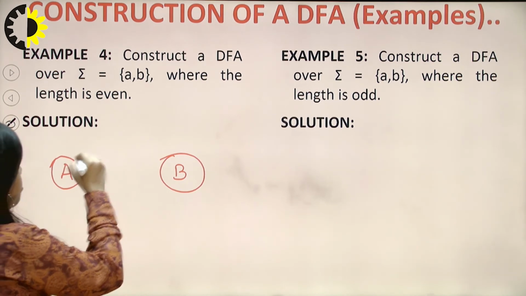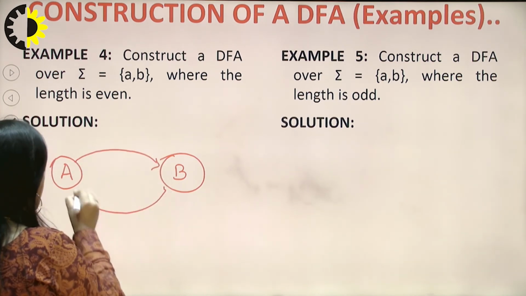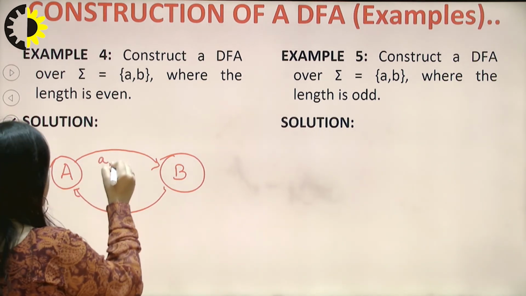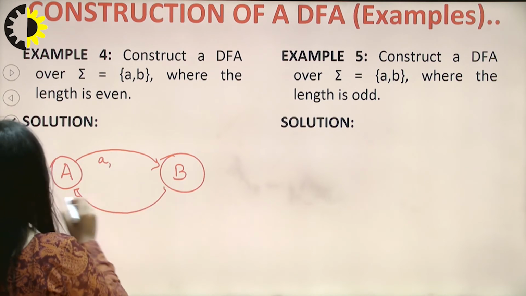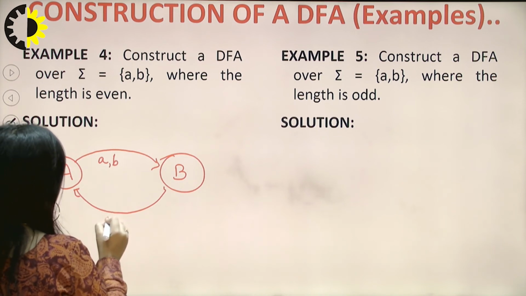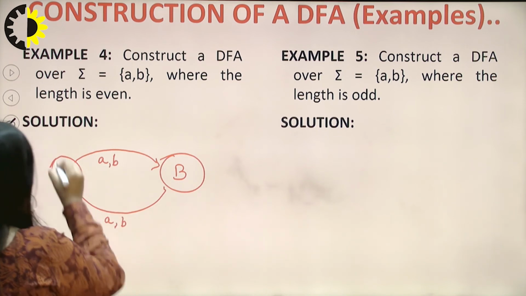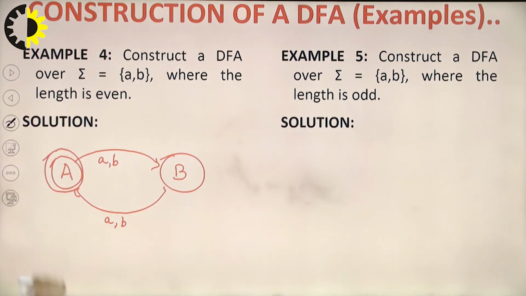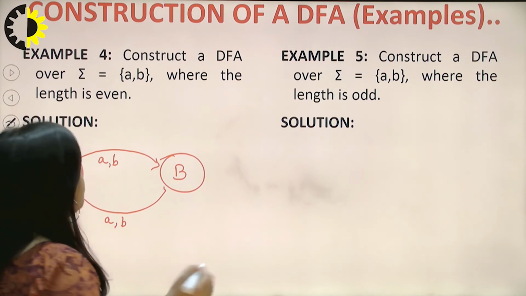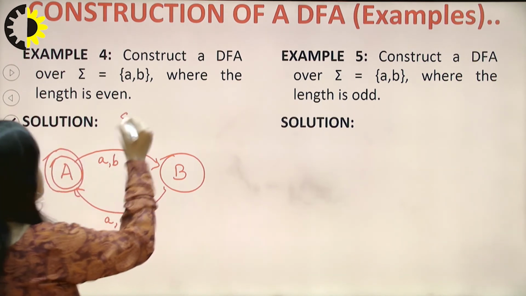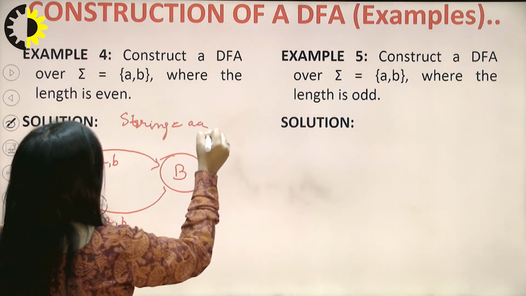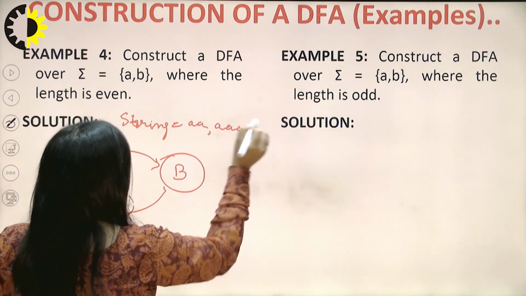So what we do is, we pass it with input A comma B, and the final state will be A. Okay, so how was that possible? For example, take the string to be AA or 4 times A.